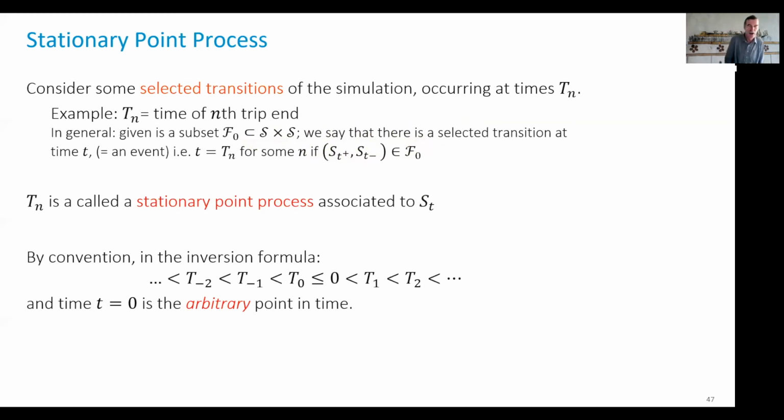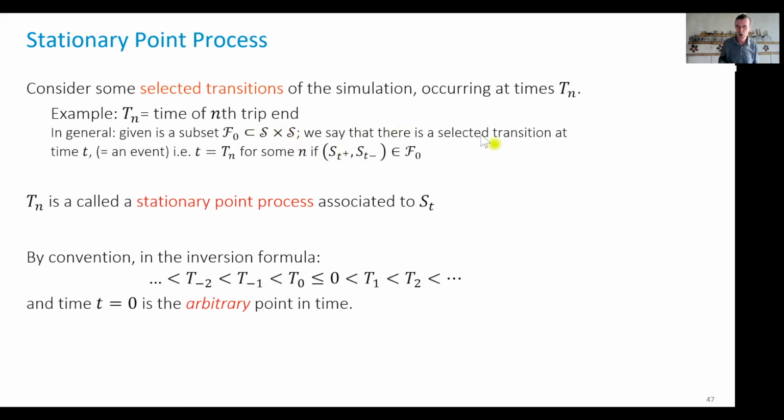For example, if I have a queuing system, I may be interested in arrivals. The arrivals correspond to combinations of two states where in the second state there is one more customer than in the previous one. So in that case, F0 will be all the pairs of states such that in the second state there is one more customer than in the first one. That corresponds to arrivals.